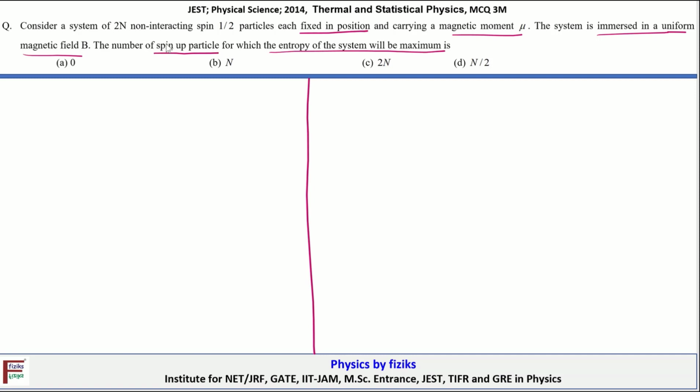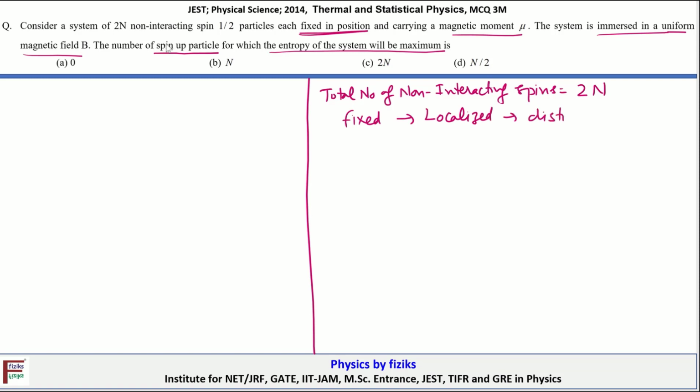Here we are given the total number of non-interacting spins, that is equal to 2n. Now because they are fixed, they are localized, so we can treat them as distinguishable.